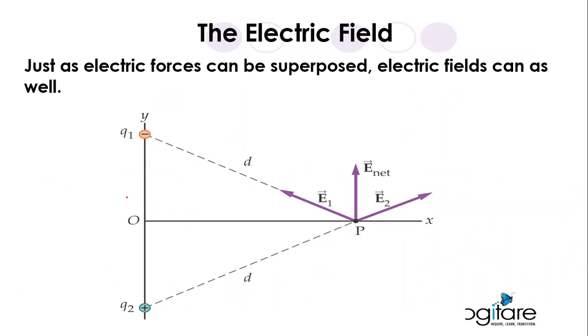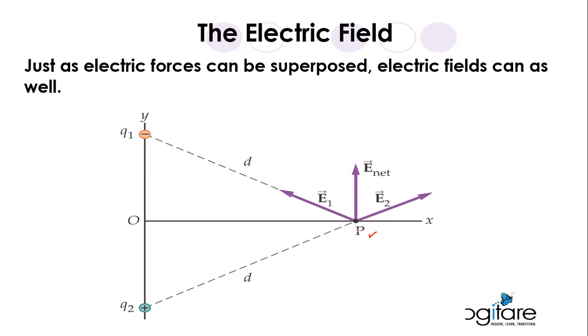Anna, can you try this out? So we are dealing with an electric field at point P, and the force on Q2 by the electric field at point P is E2.